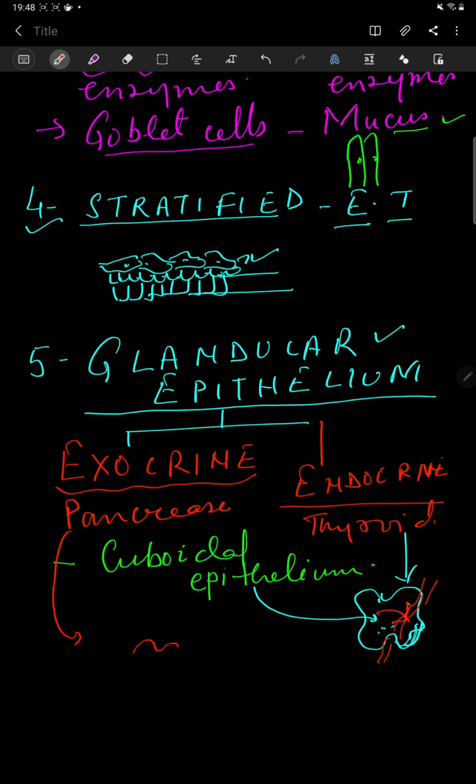But in the case of exocrine, as we are talking about the pancreas, the pancreas itself is a gland. We made this pancreas. We know that the digestive system is related to this one. It secretes certain hormones also.